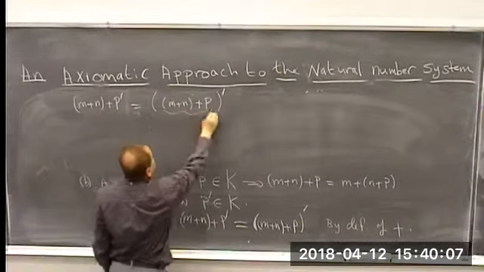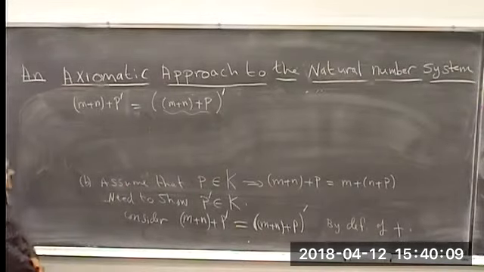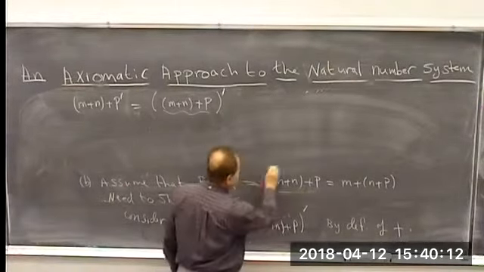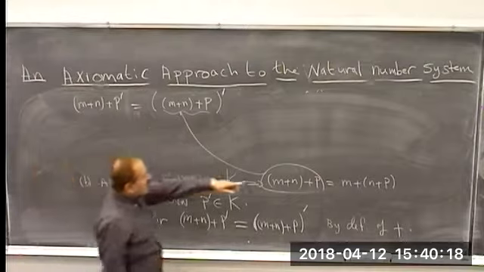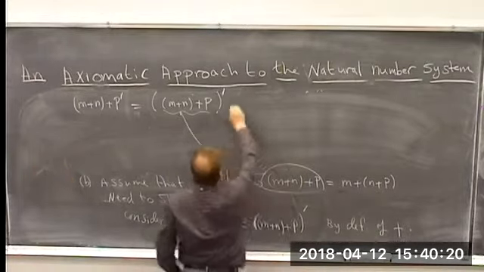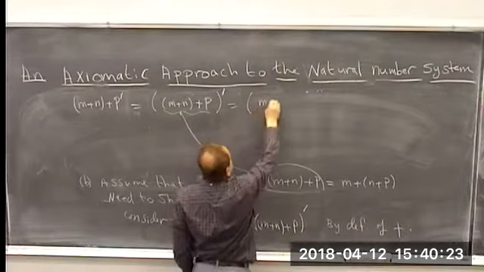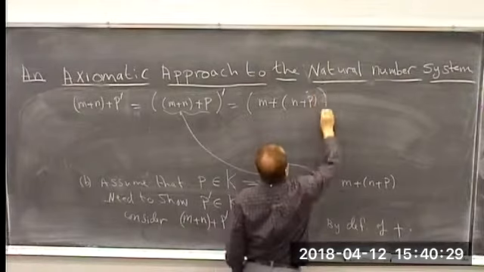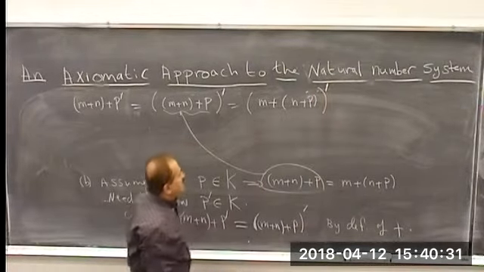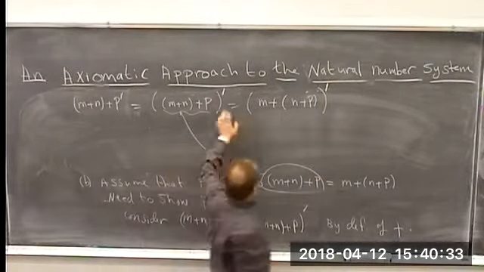Now the quantity inside the parentheses, I can replace this by this. Okay, so this is equal to M by itself and N plus P, and successor outside. The reasoning for the equality between these is by assumption. Remember, because we assume P is in K, so it must satisfy this.